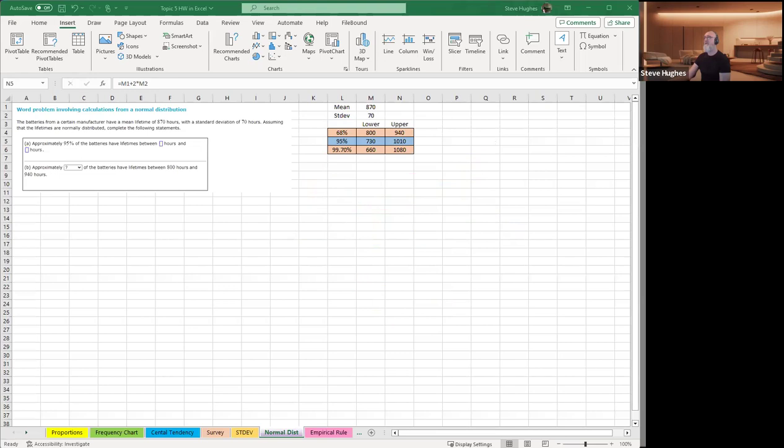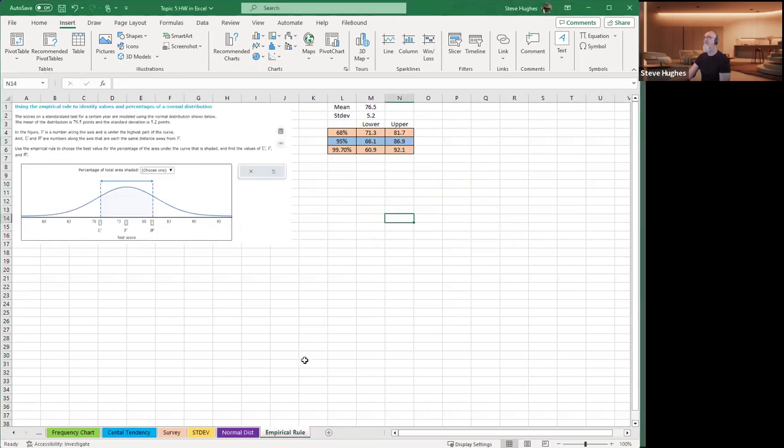Let's go to the next example, next tab, empirical rule. Here we have the scores on a standard test for a certain year, modeled using the normal distribution shown below. The mean of the distribution is 76.5, M1 again. The standard deviation is 5.2.